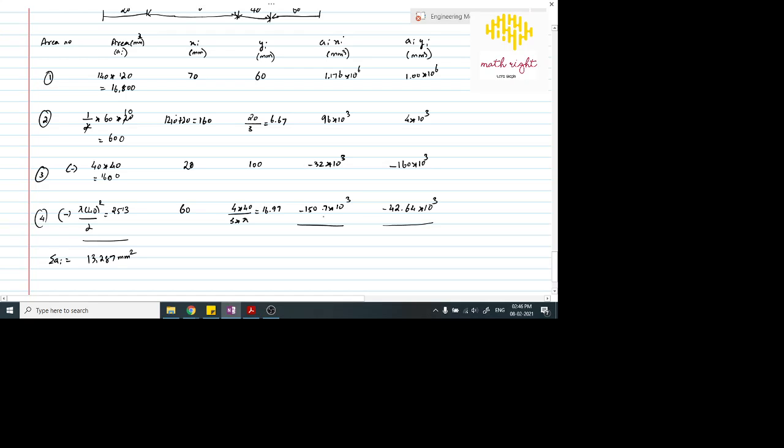Here, 1.176 into 10 to the power 6, how can we write it now? Just below the button 3, there is a button named EXP, the exponential E. Just click that. We will have the exponential E symbol. Then write 1.176 into 10 to the power.